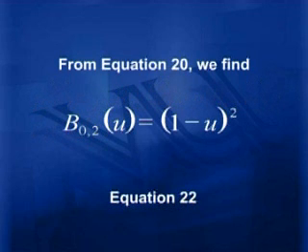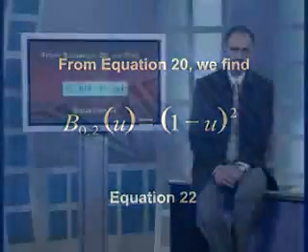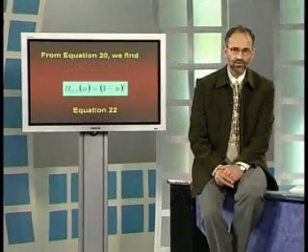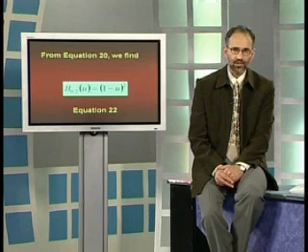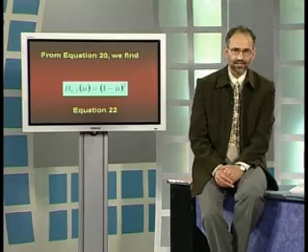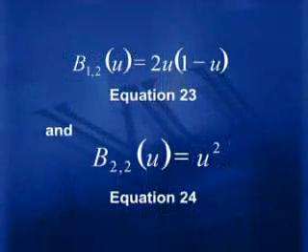From equation 20, we find that B0,2 of u is equal to (1 minus u) whole squared, because this is where B0,2 of u is appearing in this modified version of the equation. From the original equation 20, if you compare, you'll see that this is actually coming in place of (1 minus u) whole squared. So let us mark this as equation number 22.